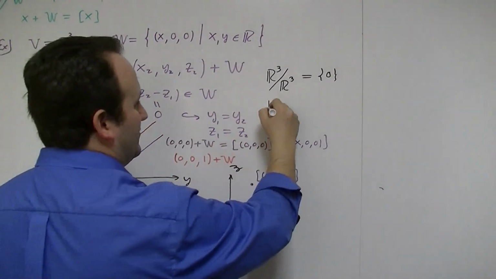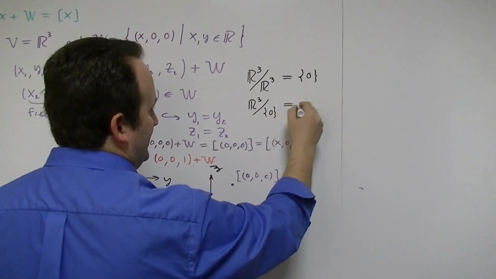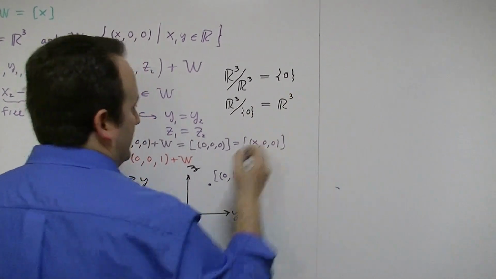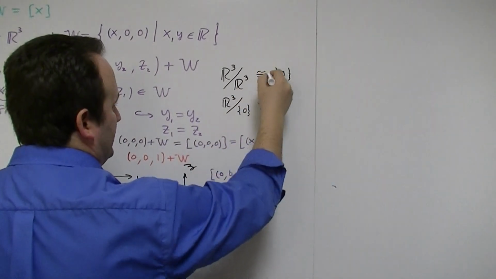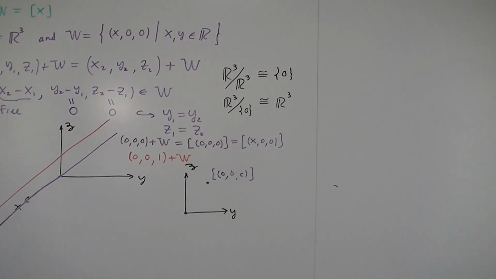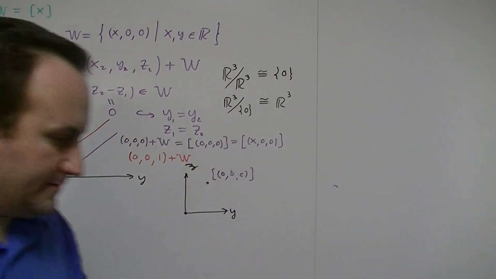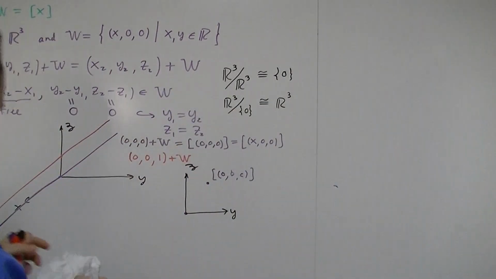And if you take R3 and you quotient by the 0 space, well, guess what? You just get back R3, well, isomorphically, but anyway. Okay, so there's a couple of geometric examples. Maybe that helps. I don't know. Maybe not. Let me go on here. Are there any questions?